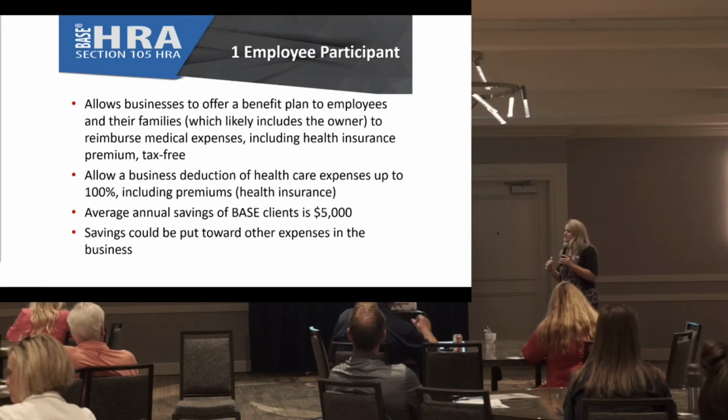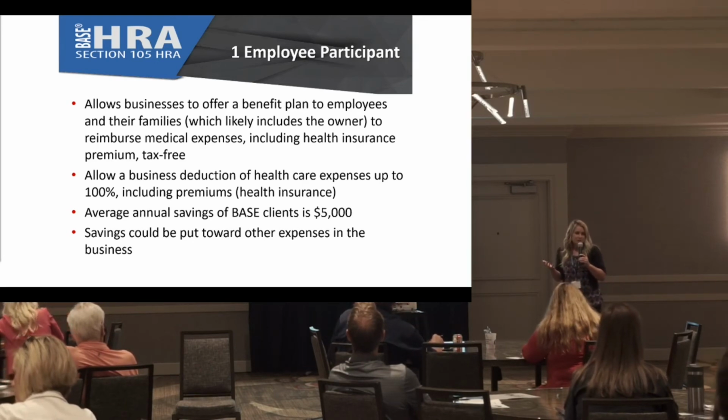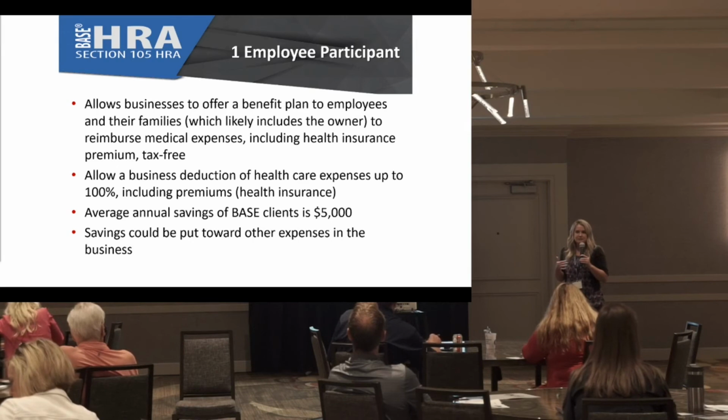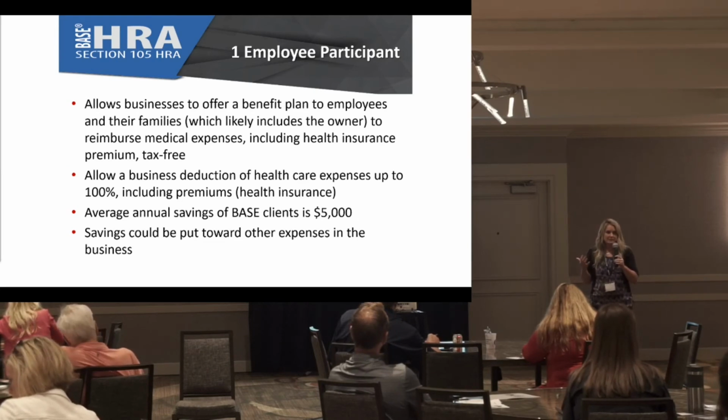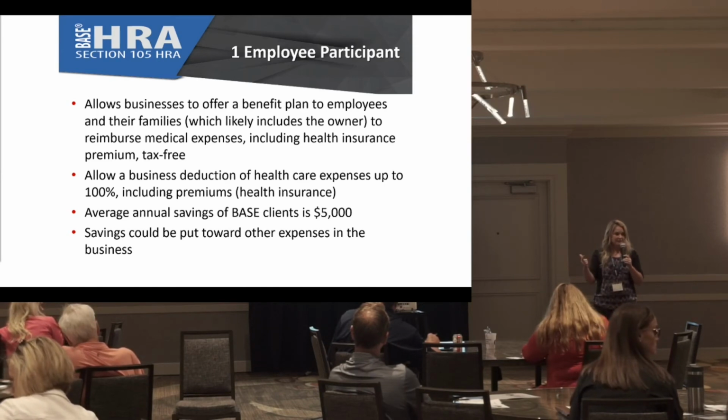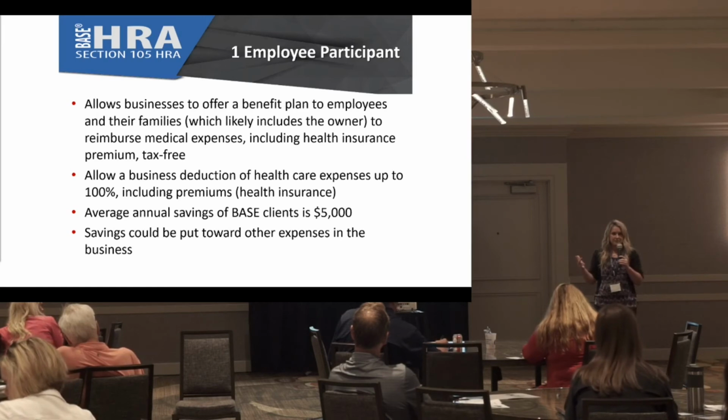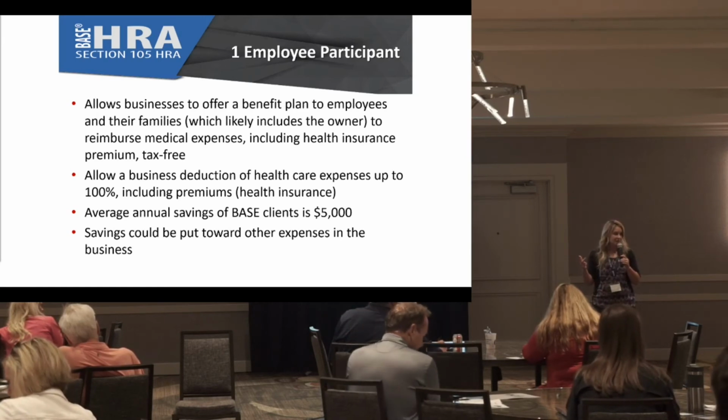On average, our average Section 105 HRA client saves around $5,000, because think of how they're saving. If you are self-employed, the only eligible employee in your own business, and you're deducting as a business deduction, you're saving the federal, the state, and the 15.3% FICA on every dollar.